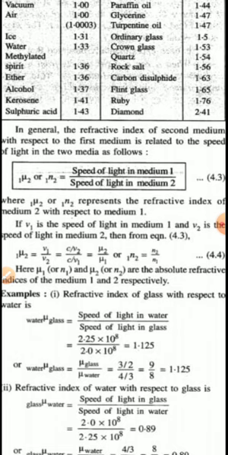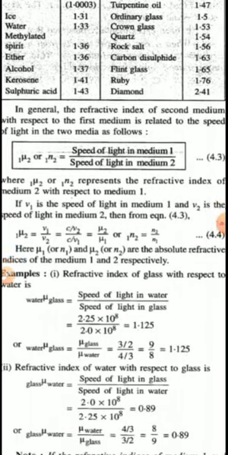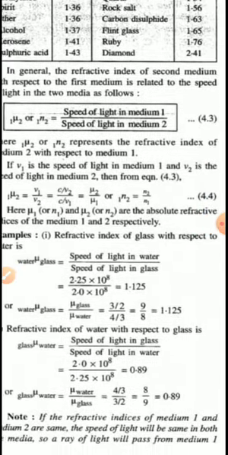Consider you are just having a glass which is filled with water, and I'm sending a ray of light inside. Here there will be a medium interference between your water and glass, again glass and air. So in that case, you have to understand speed of light in medium 1 divided by speed of light in medium 2. There are some examples given here.